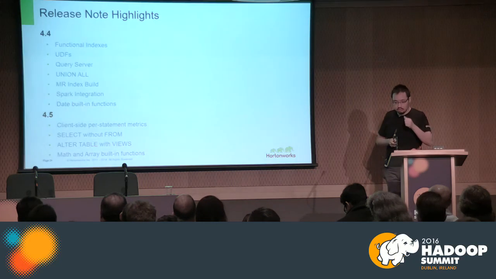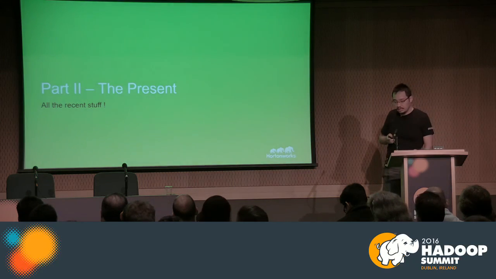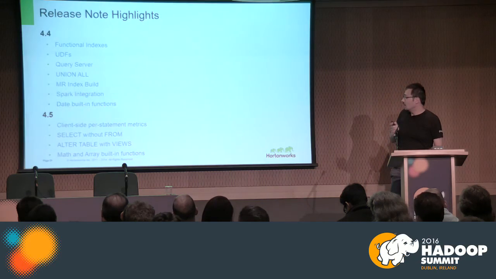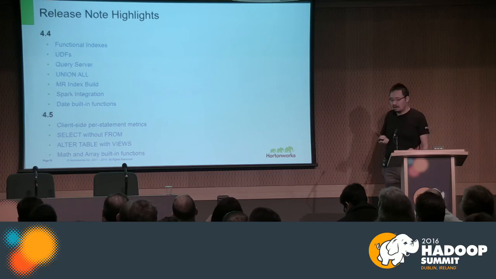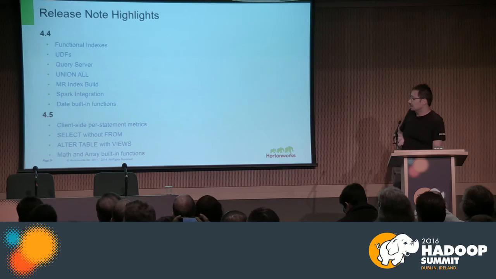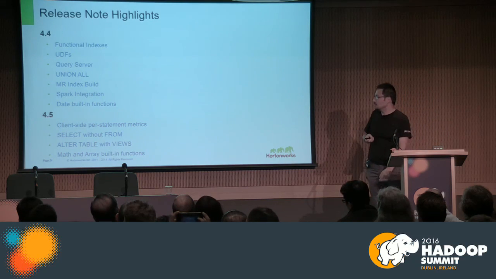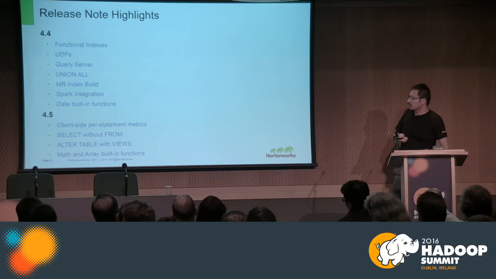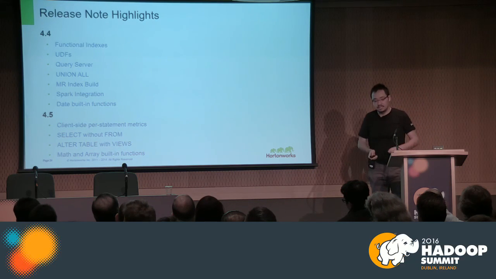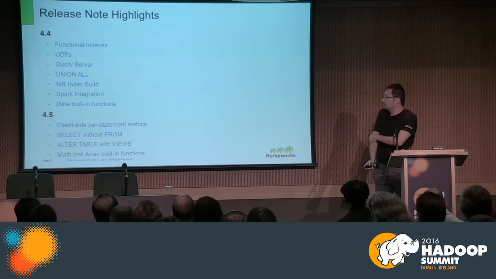All right, so let's go over the present and all the recent stuff that Phoenix has. We won't have the time for going over all the details of these new features, but you can reference them later. The 4.4 release is a recent release that the Phoenix community pushed out in the last year.